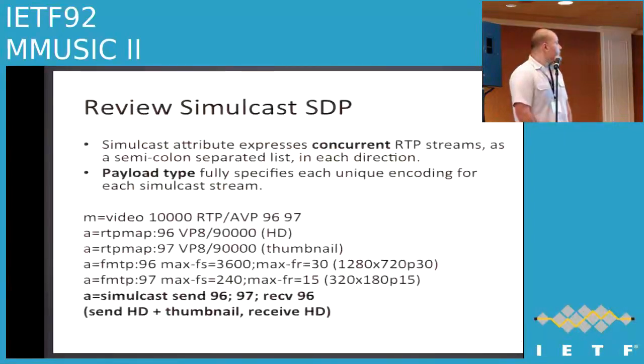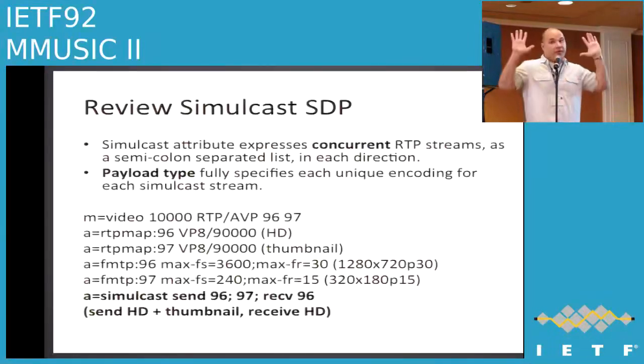So I think there should be some guideline about the ordering of those ones that will make sense of what you really want to get if the other side doesn't support simulcast. The ordering of what? Of the payload type numbering inside the M line, because that defines the priority. On the M line itself? And the M line itself, because that's just regular SDP.